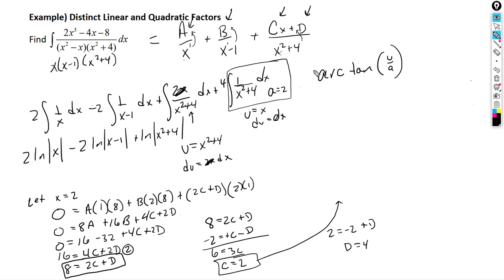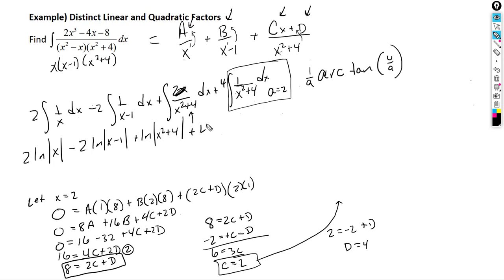But then I have to divide by 2, or multiply by the 1 over a. And so this here is going to be my answer for this whole fraction. I got 2 ln absolute value of x, minus 2 ln absolute value of x minus 2, plus ln absolute value of x squared plus 4, plus the 1 over a.